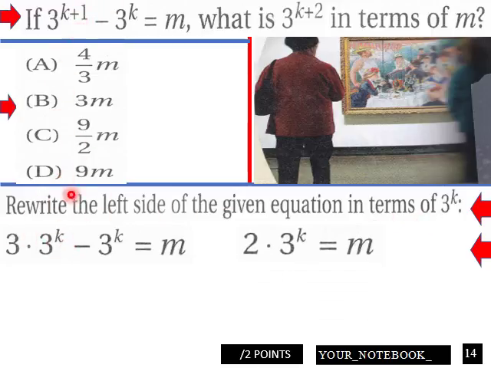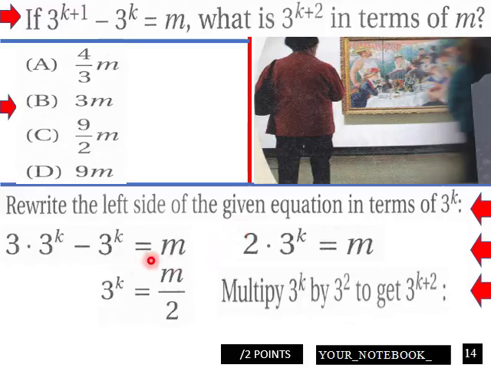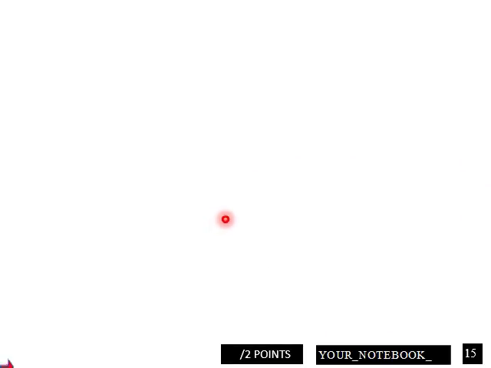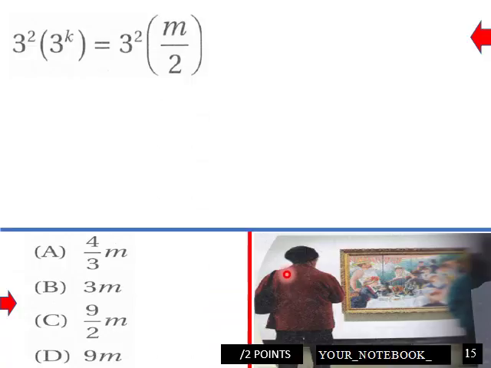So to do that, we expand this out to here. 3^k equals m over 2 actually. Then we multiply 3^k by 3 squared to get 3^(k+2). So 3^k times 3 squared equals 3 squared m over 2.